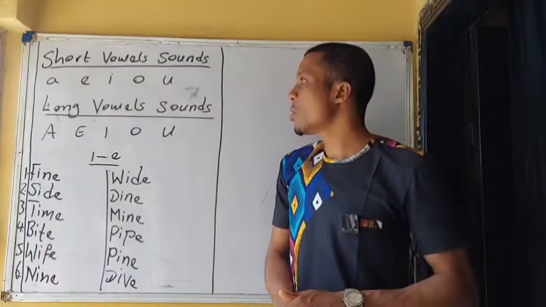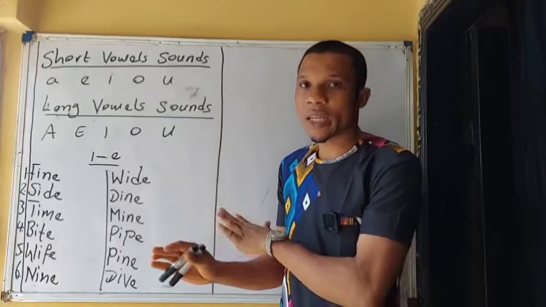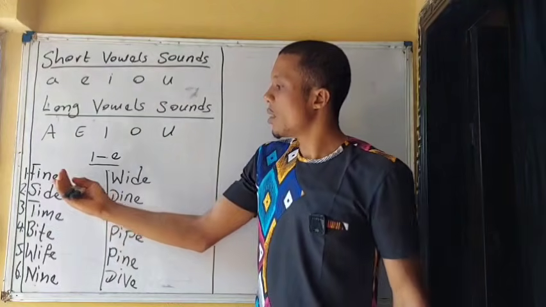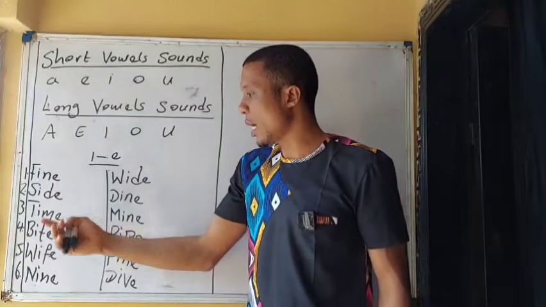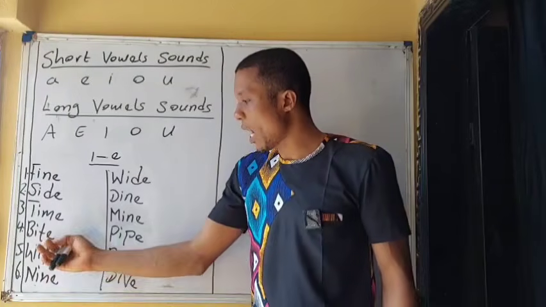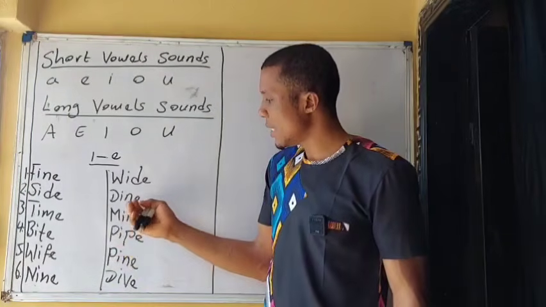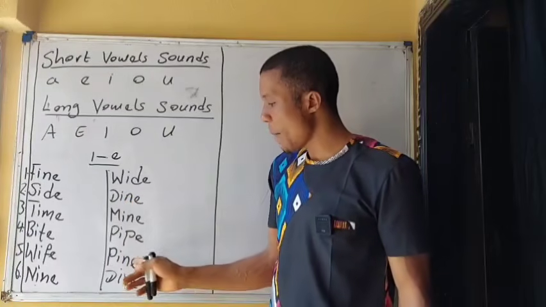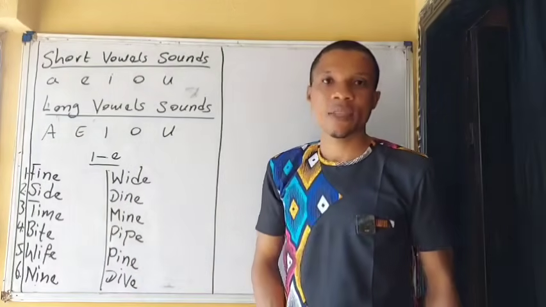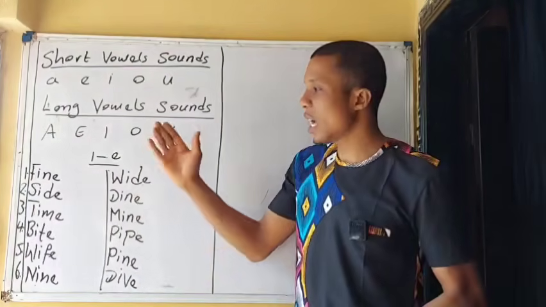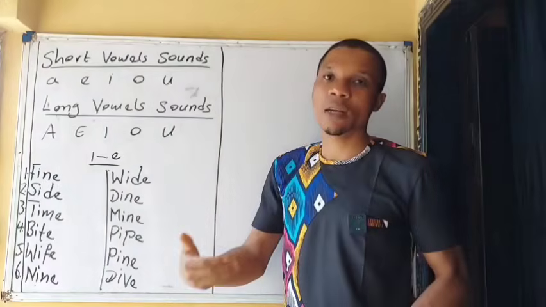Is that clear? So this is what we are talking about. It is as simple as this. This is fine, side, time, bite, wife, nine, wide, dine, pipe, pine, and dive. It is as simple as that. This is how you ought to start reading and writing.